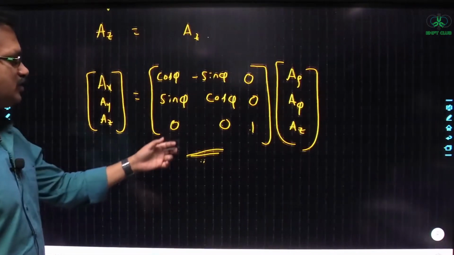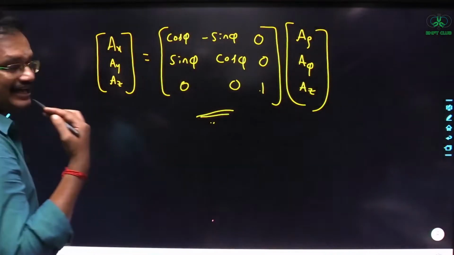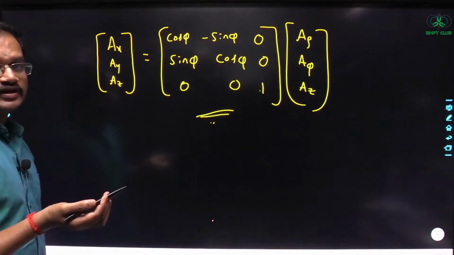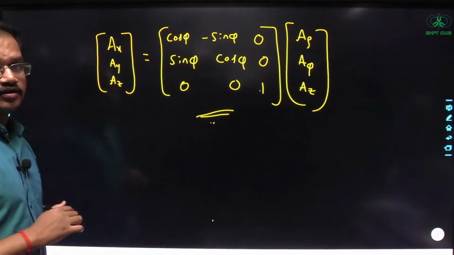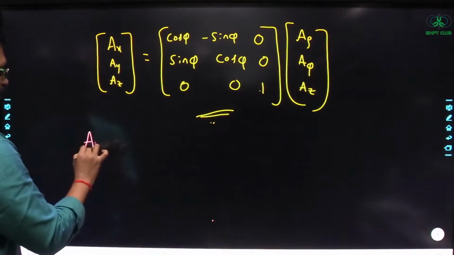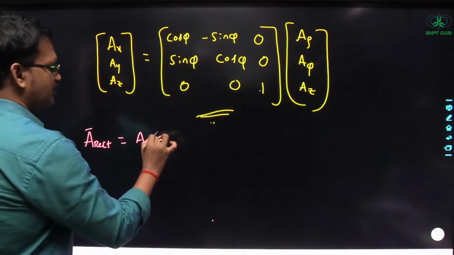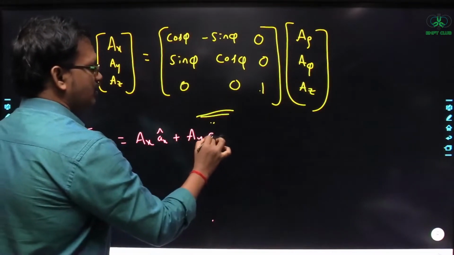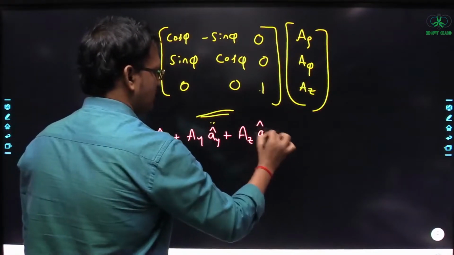So now see here, if they have given the vector in rectangular coordinates and asked to determine it in terms of cylindrical coordinates, then what you have to do? The same procedure. They have given A in rectangular coordinates, like A = ax cap plus ay cap plus az cap, right?